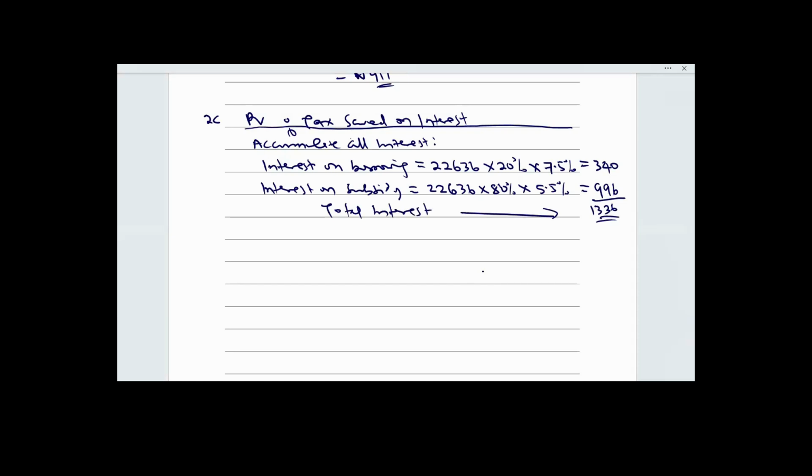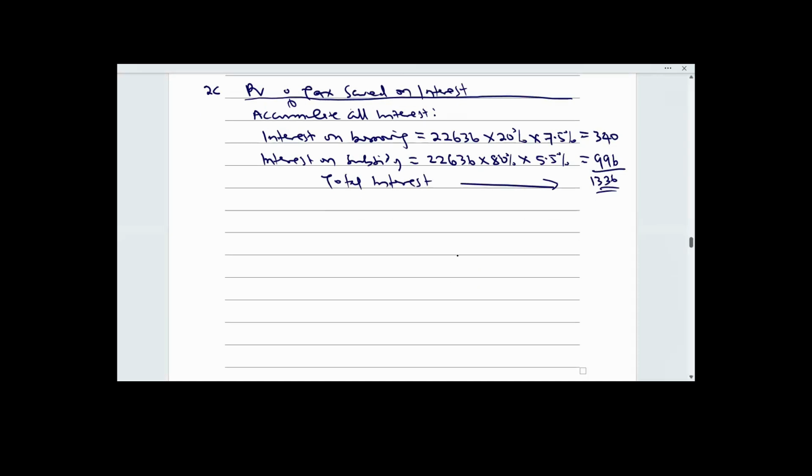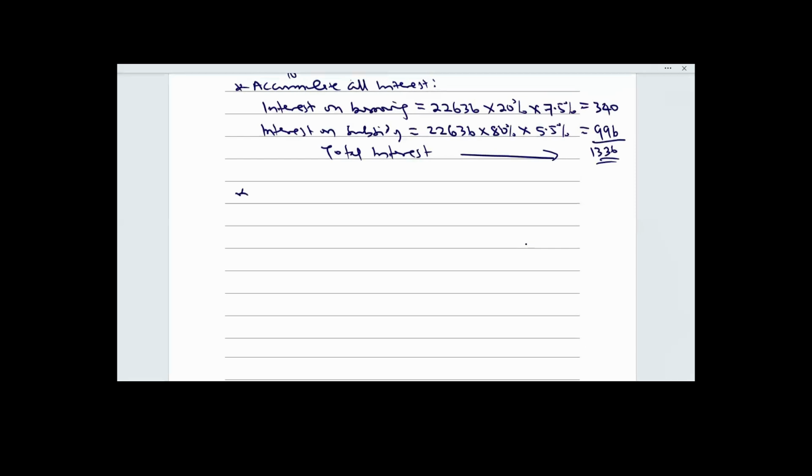Now that you have the total interest, the second step is to determine the tax saved on interest. Tax saved on interest is total interest multiplied by the company tax rate.